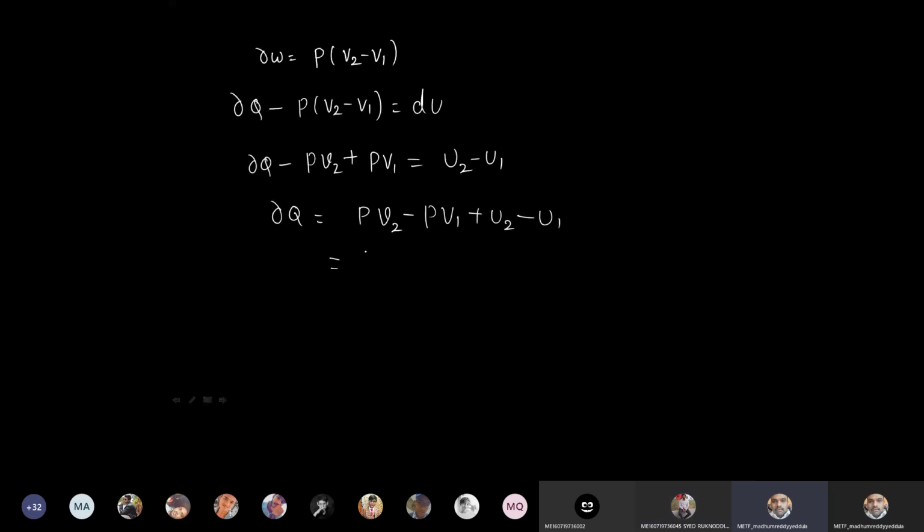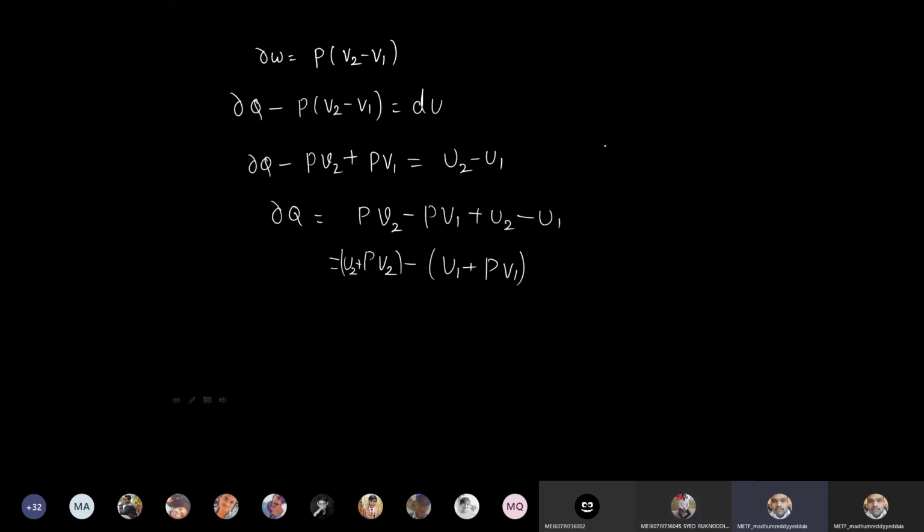That is equal to (U2 plus P2V2) minus (U1 plus P1V1).